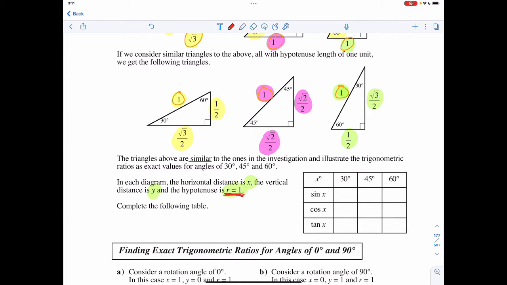If I have an r value of 1, then sine of 30 is going to be 1 over 2, sine of 45 is root 2 over 2, and sine of 60 is root 3 over 2.